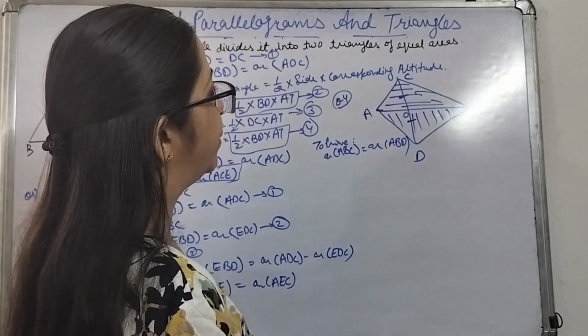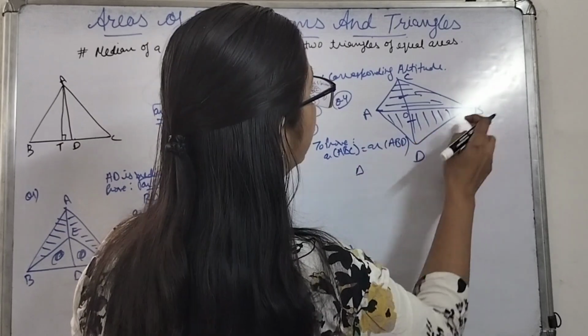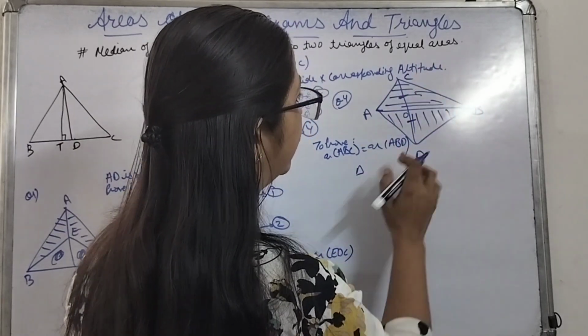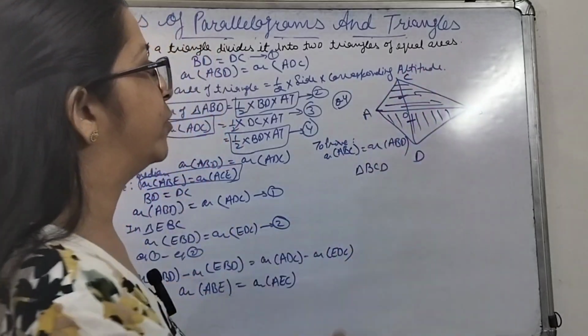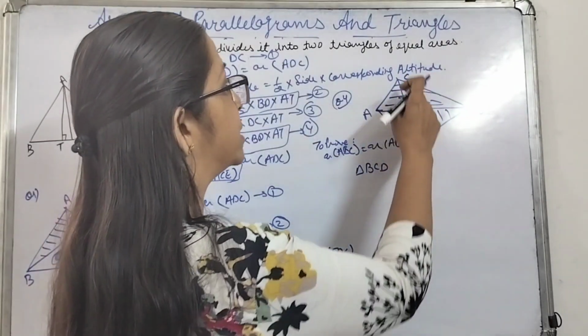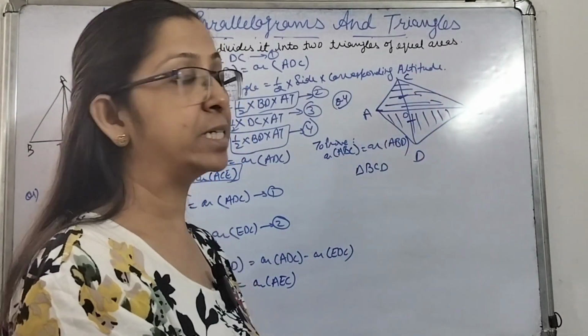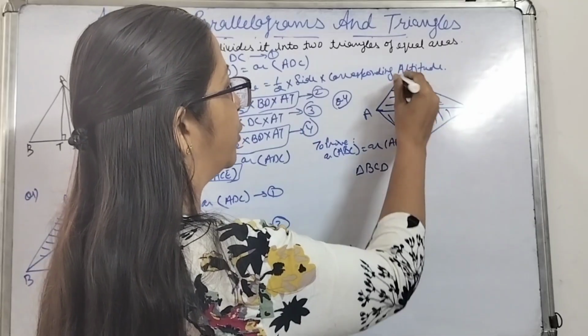So first of all, we will be considering the triangle BCD. This triangle we will be considering. Now O is the midpoint of CD. It is given to us that O is the midpoint of CD.